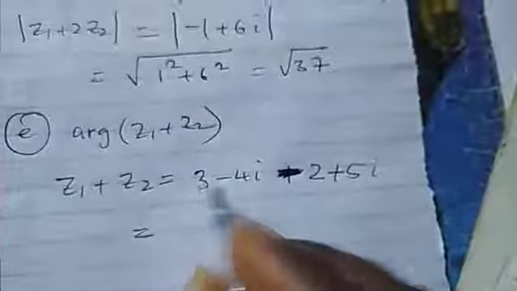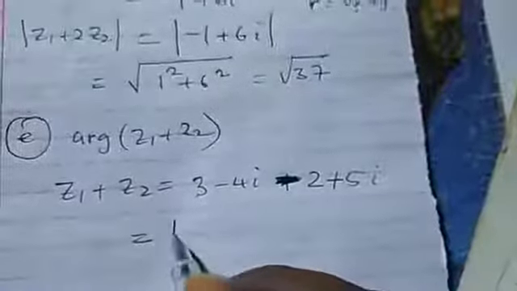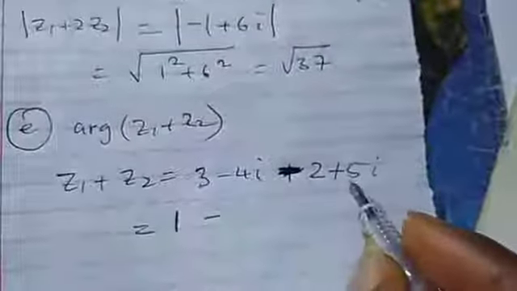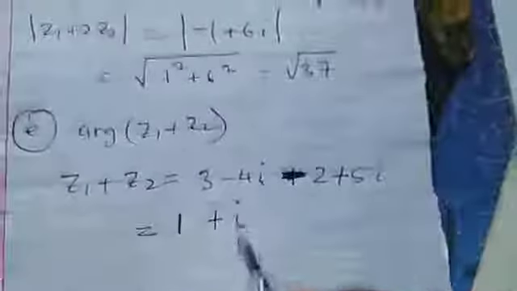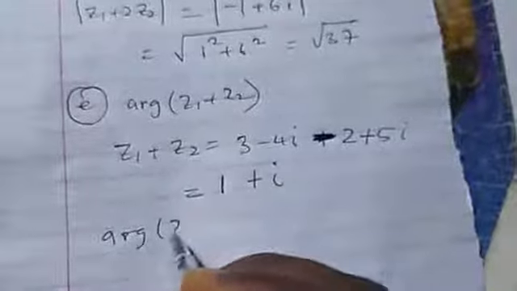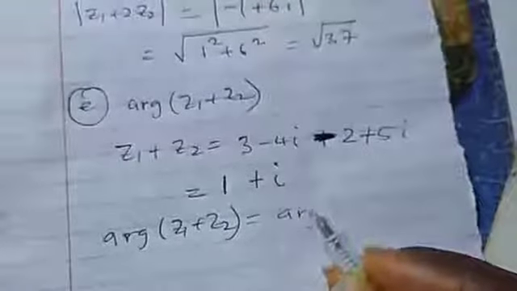So adding it together, 3 minus 2 is 1. Minus 4i plus 5i is just i. In that case, arg of z1 plus z2 is what we are looking for. It's just arg of 1 plus i.